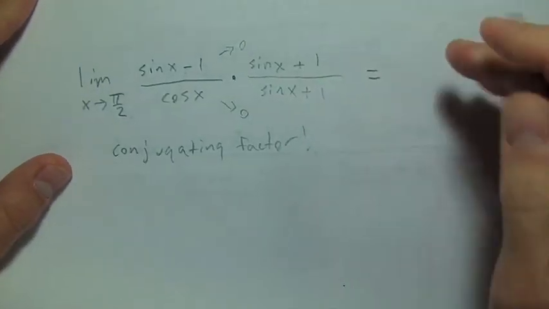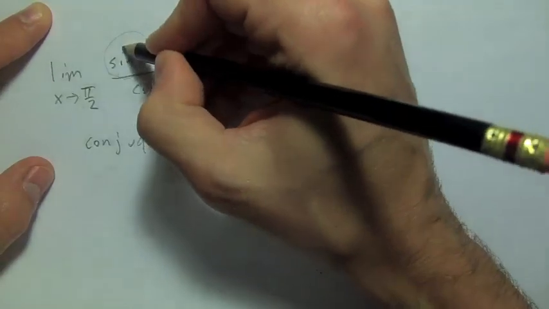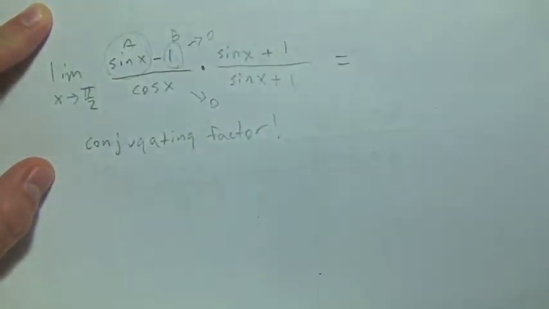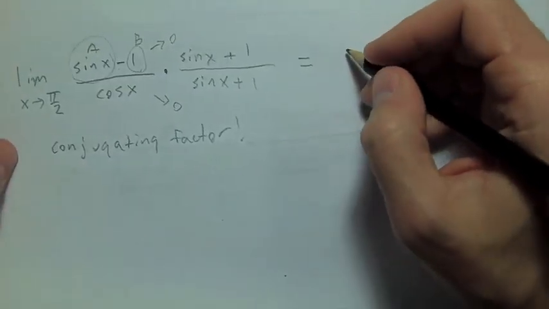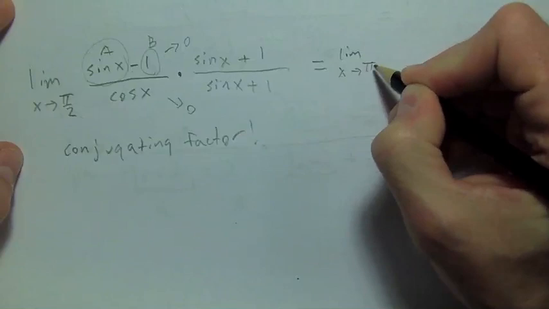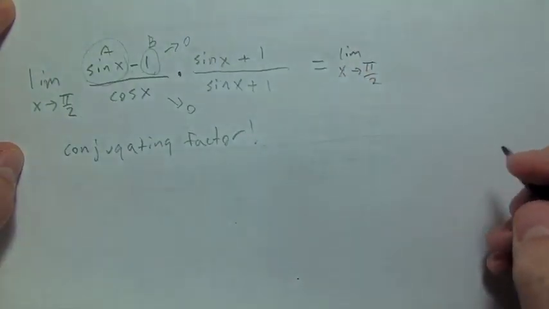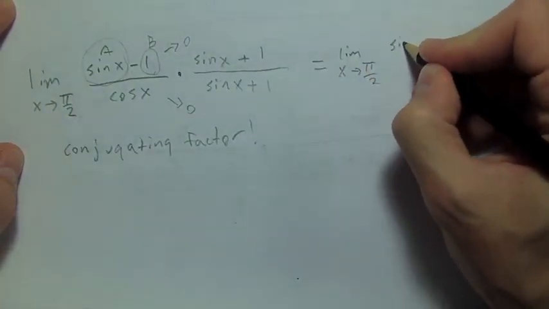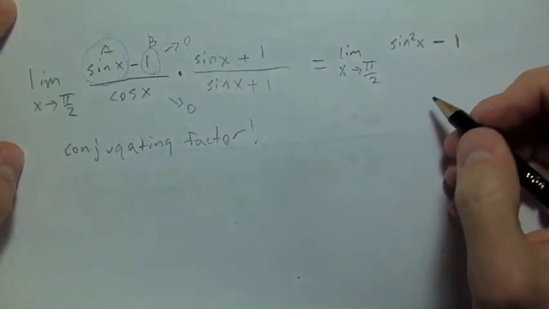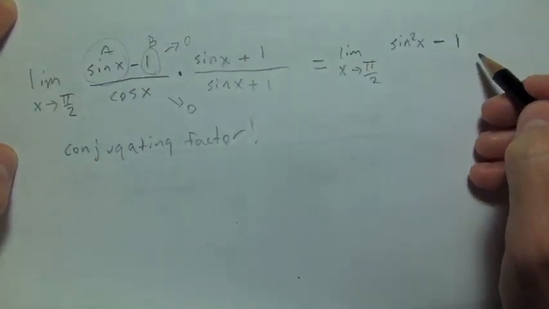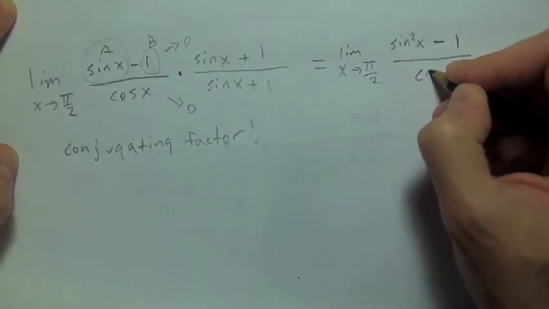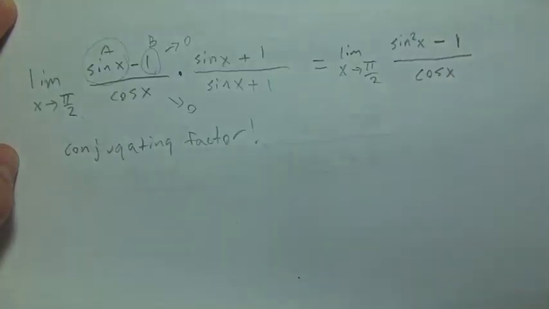And we use that idea, because sine of x is going to be my a, 1 is going to be my b. So when we multiply it out and simplify, we'll get the limit as x goes to pi over 2 of sine squared x minus 1, a squared minus b squared, which will be 1, all over cosine x.